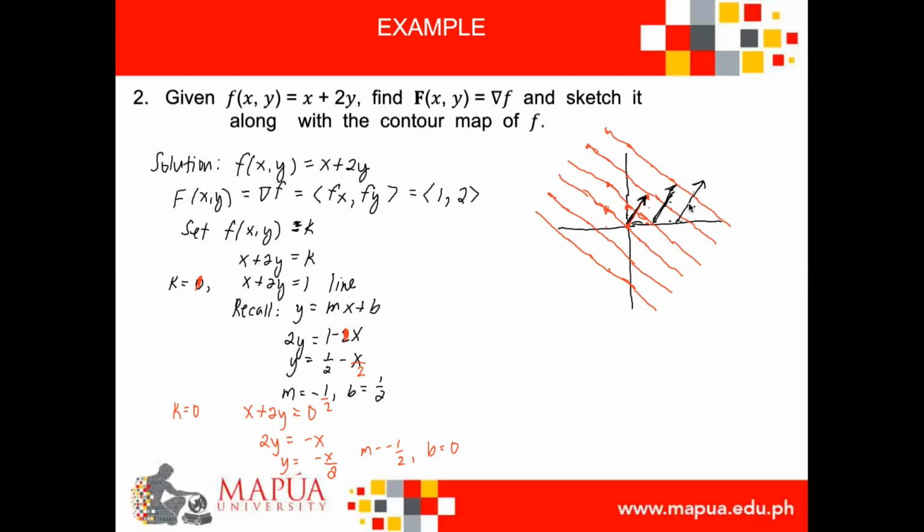So of course, the length of the vectors are increasing. The direction of your vectors is going upward to the right. So we can just follow the pattern. So these are the vectors orthogonal to the contour map of the given function.